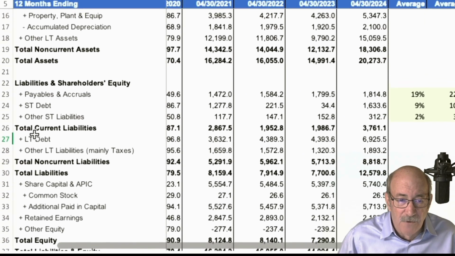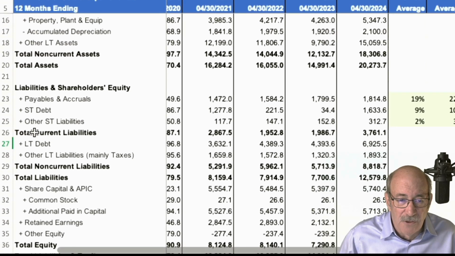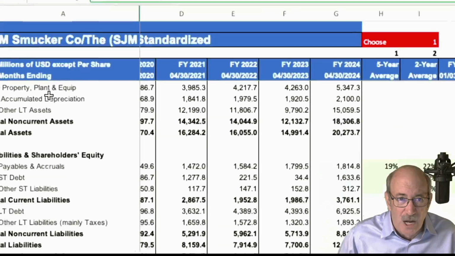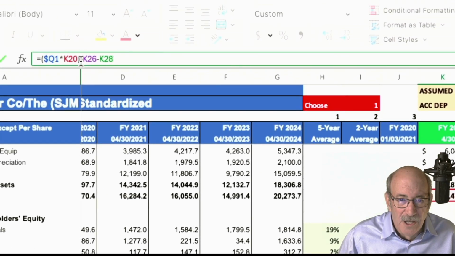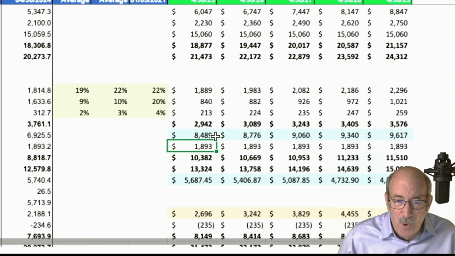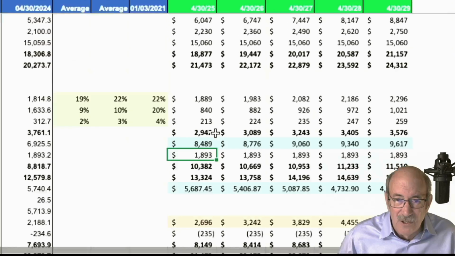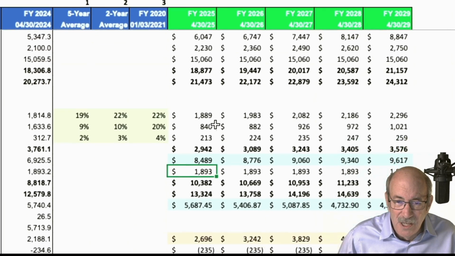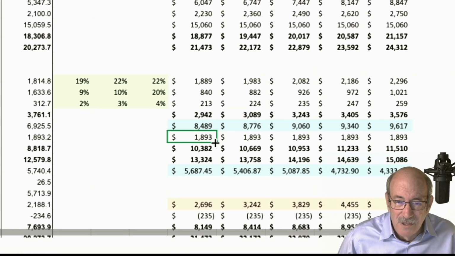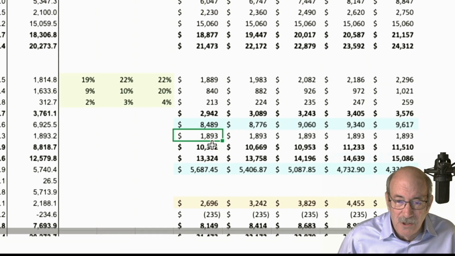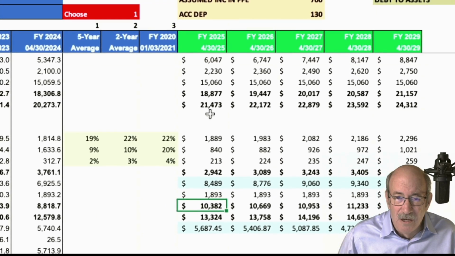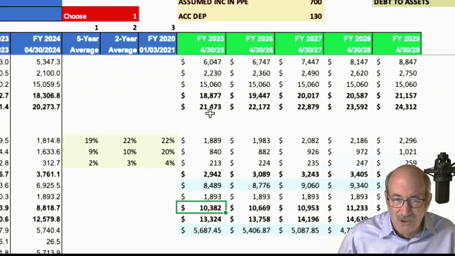So I've accounted for all of the liability accounts. Everything above this is here, and the only other liability account is here. When I subtract those two off, I'm basically forcing this long-term debt, this 8,489, to be exactly the difference between 21,473 minus 2,942 minus 1,893. And that means my total liabilities are always going to sum to exactly 62.05% of my total assets. Make sense?